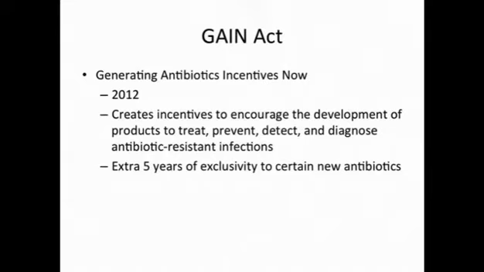It provides an extra 5 years of exclusivity to certain new antibiotics, namely those that treat gram-positive resistant bacteria, such as MRSA, VRE, and VRSA, multi-drug resistant gram-negative bacteria, such as E. coli, Acinetobacter, Pseudomonas, and Klebsiella, and multi-drug resistant tuberculosis. It was determined that after the GAIN Act was passed, more incentives were needed to spur antimicrobial development.